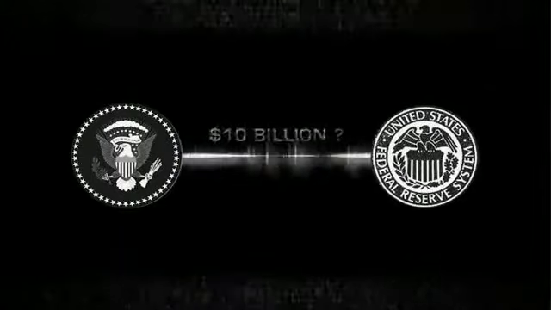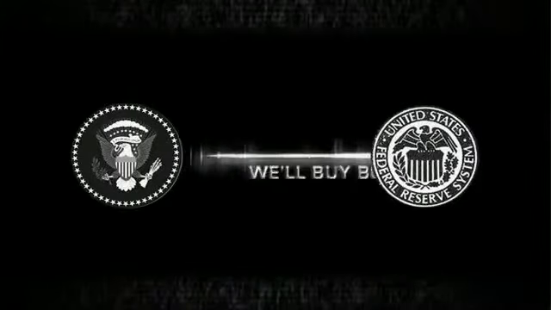It then proceeds to describe this fractional reserve process through various banking terminology, a translation of which goes something like this. The United States government decides it needs some money, so it calls up the Federal Reserve and requests, say, $10 billion. The Fed replies, saying, sure, we'll buy $10 billion in government bonds from you.